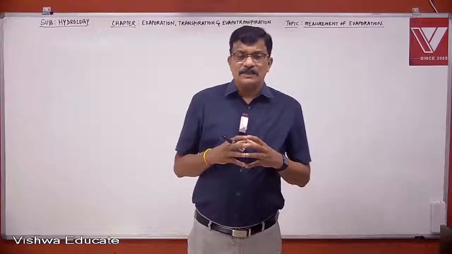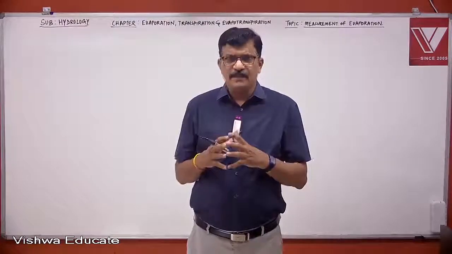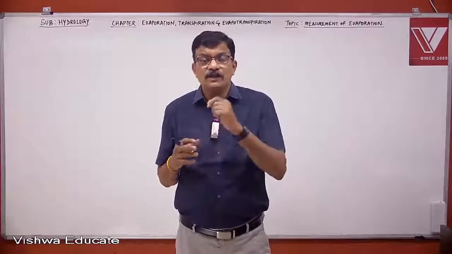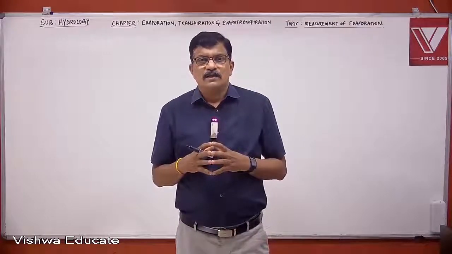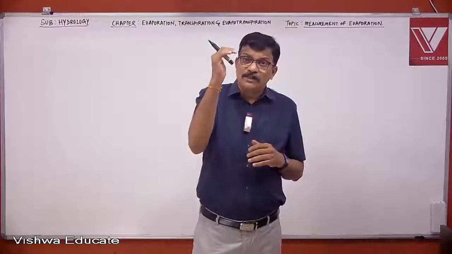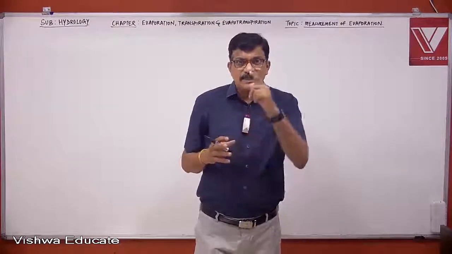In such an event, it becomes relatively difficult for us to evaluate the evaporation because it is not direct. Direct means whatever water has come down in the pan after a certain period is refilled.